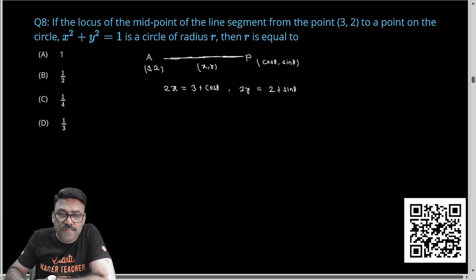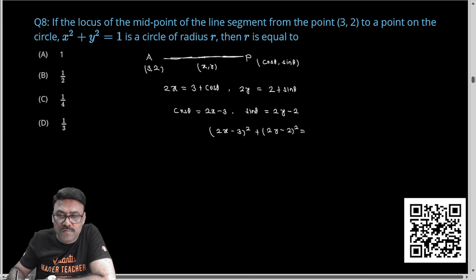This gives you cos theta is equal to 2x minus 3, and sin theta is equal to 2y minus 2. Now use the identity cos squared theta plus sin squared theta is 1. So this gives you (2x minus 3) whole squared plus (2y minus 2) whole squared is equal to 1.